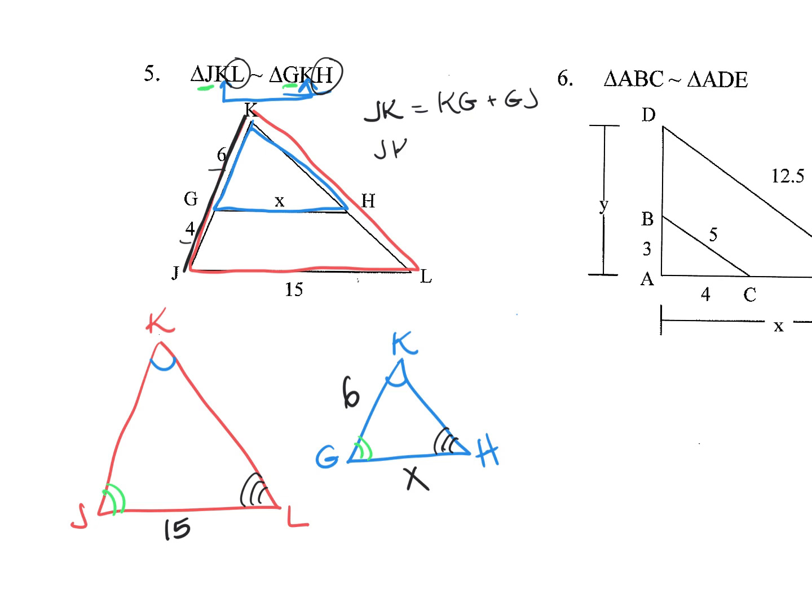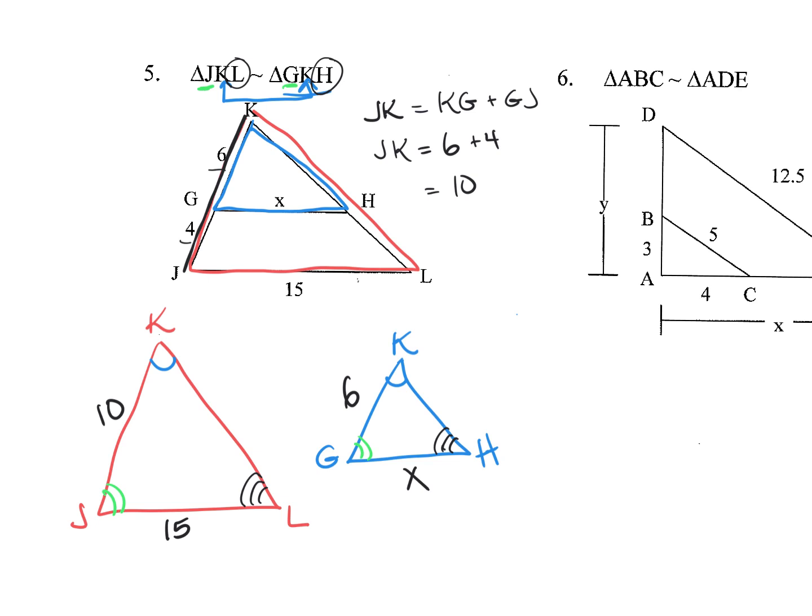So the total length of JK is actually 6 plus 4, which is 10. Without adding those two together, you won't get a correct answer. But now your problem looks exactly as it did in the other problems that we solved.